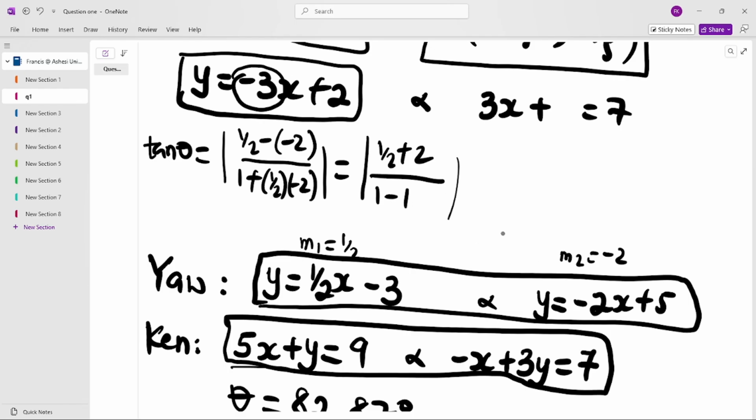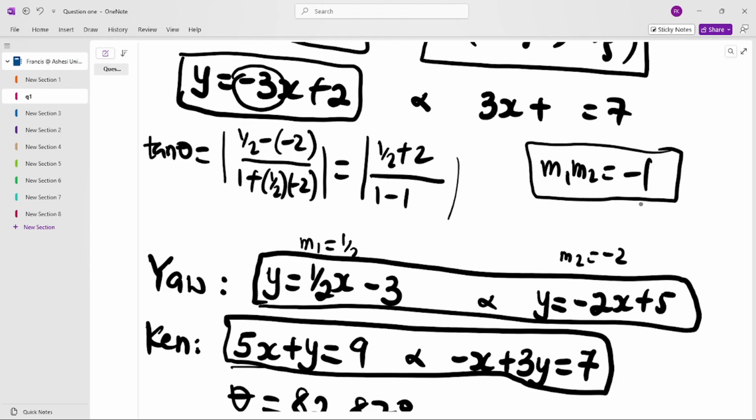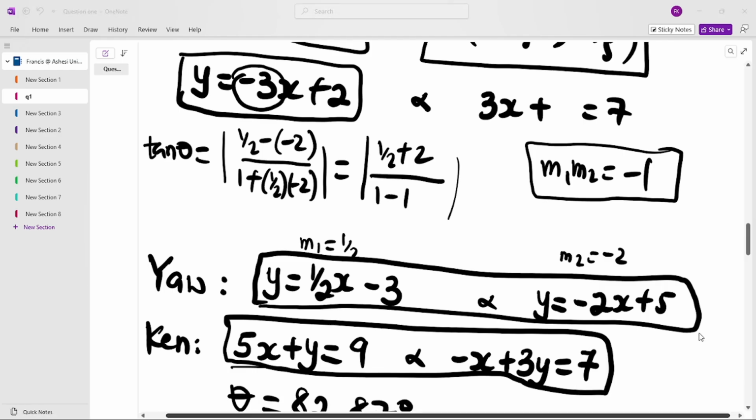The thing is, if you do m1 m2, you are going to have -1, meaning that they are perpendicular, right? If they are perpendicular, what's the angle? You are not looking for points, you are looking for angle.